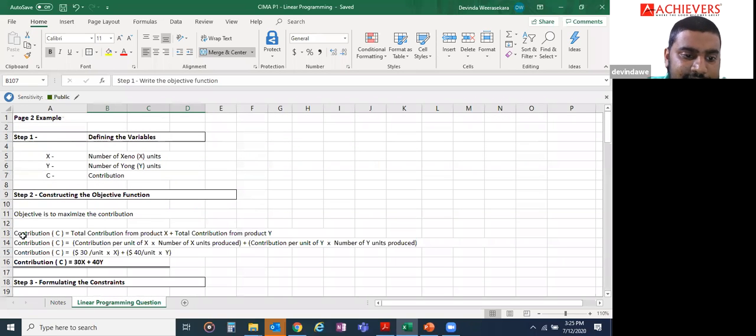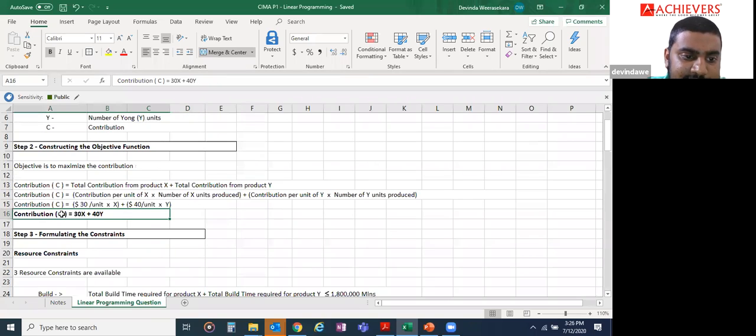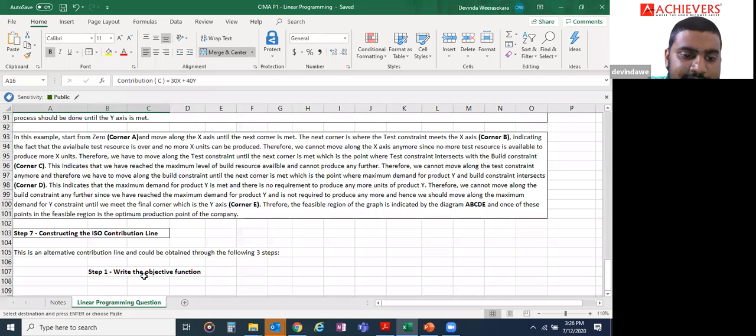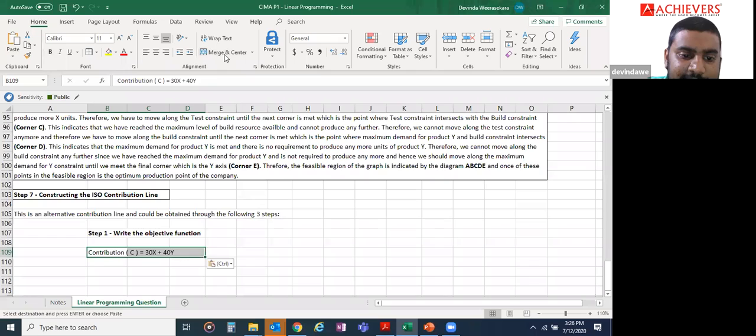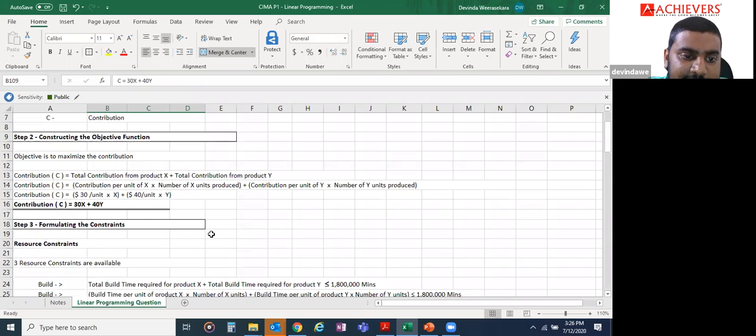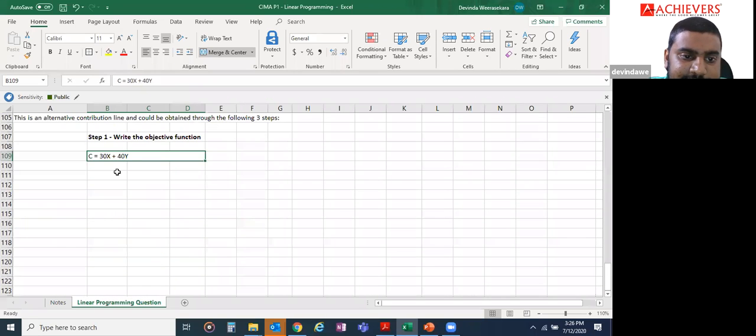Here we calculated the maximum contribution from X, maximum contribution of Y, and then we took the objective function as contribution, or C, equals 30X plus 40Y. This is the objective function. That is step number 1.